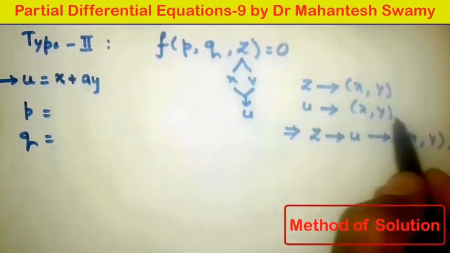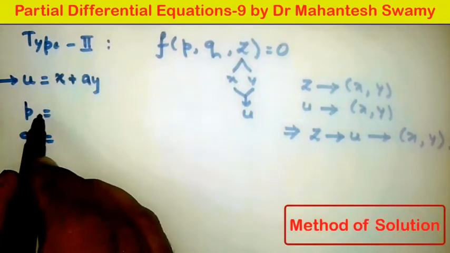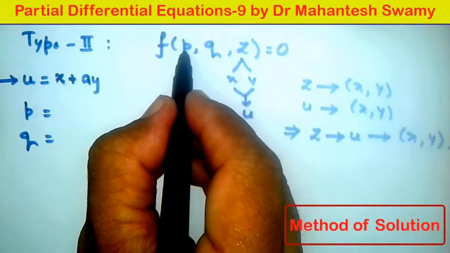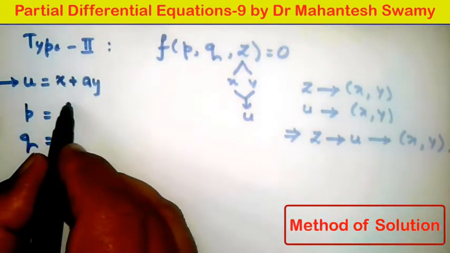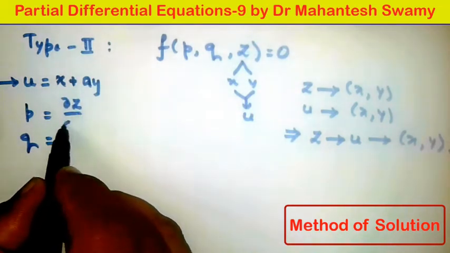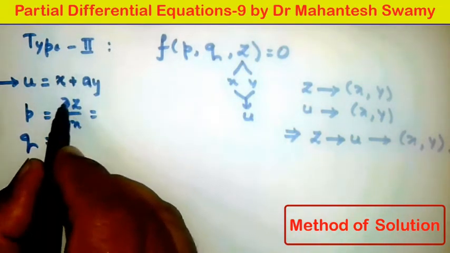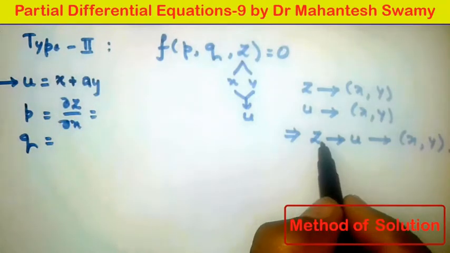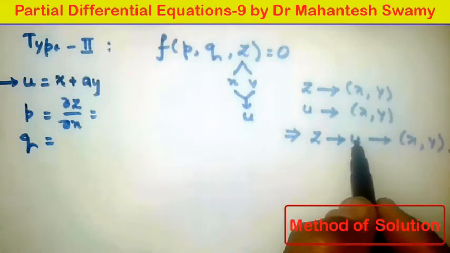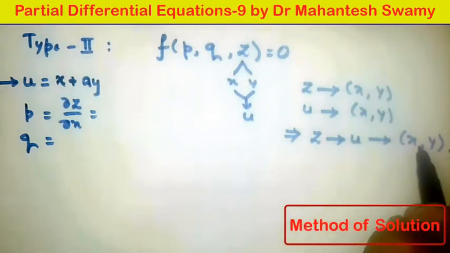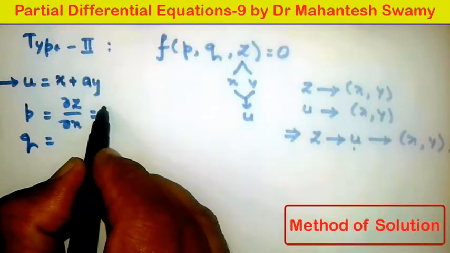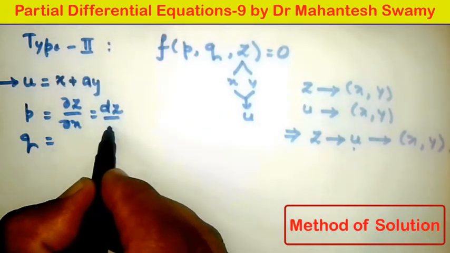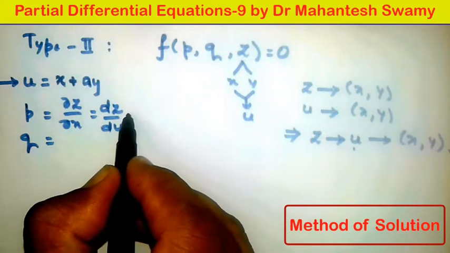By making use of this important fact, we can write p. p is to be substituted in the PDE given to us, and what is that particular value of p? We all know it is dou z by dou x, and this dou z by dou x can be written by making use of the chain rule. Dou z by dou x stands for dou z by dou u into dou u by dou x. Since there is one independent variable, we can directly write it as dz by du, because only one derivative will be coming.